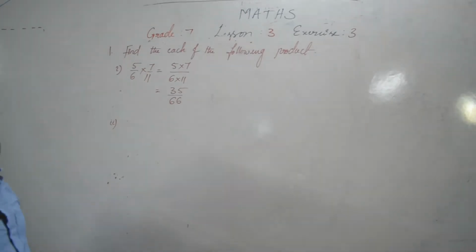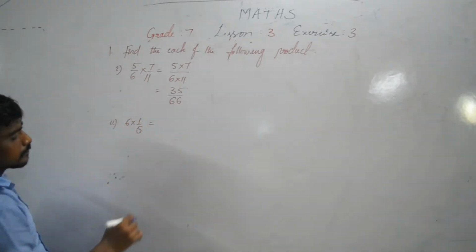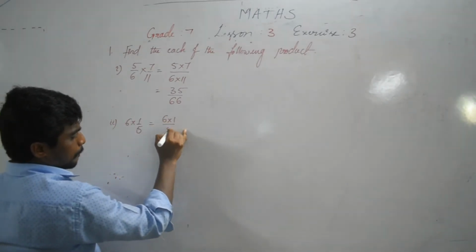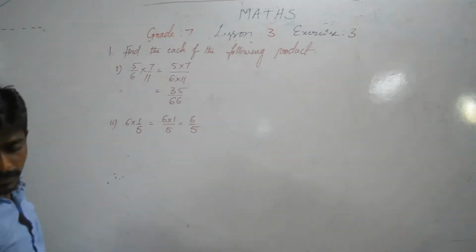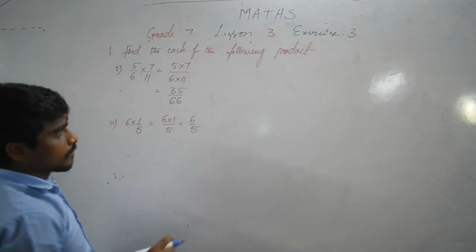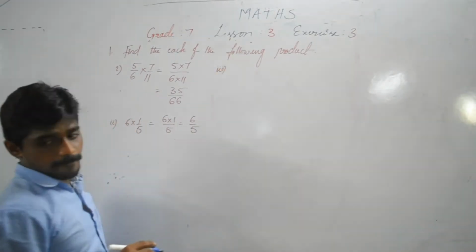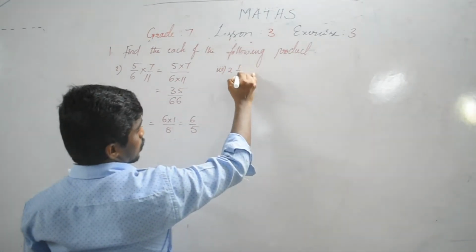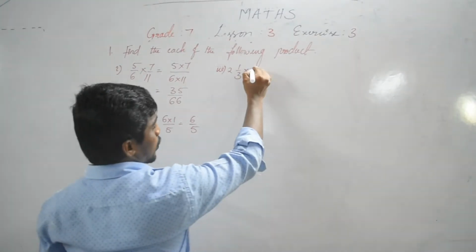Next one, 6 times 1 by 5. 6 times 1 by 5 is 6 by 5. Next one, 2 1 by 3 times 3 1 by 5.